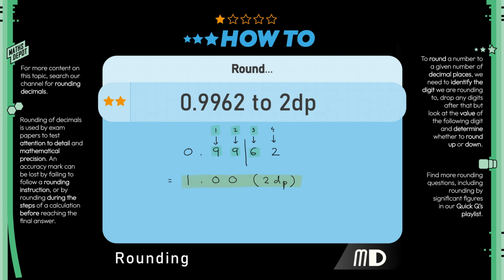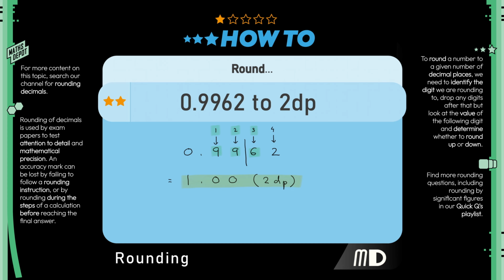And if that digit is also a 9, we need to round the digit that comes before that up by 1 as well. That digit is a 0 and is in front of the decimal point, the whole number part of the decimal.